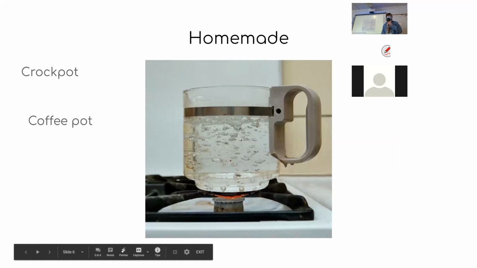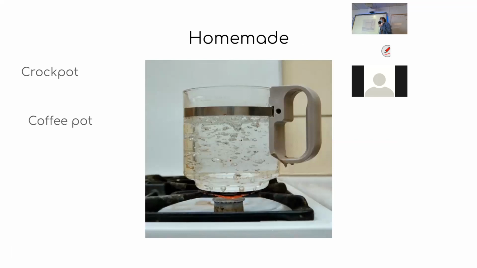You can make a homemade one because if you buy a machine, they're pretty expensive. So you can MacGyver your own with a crock pot and a temperature controller that you can put on a box.